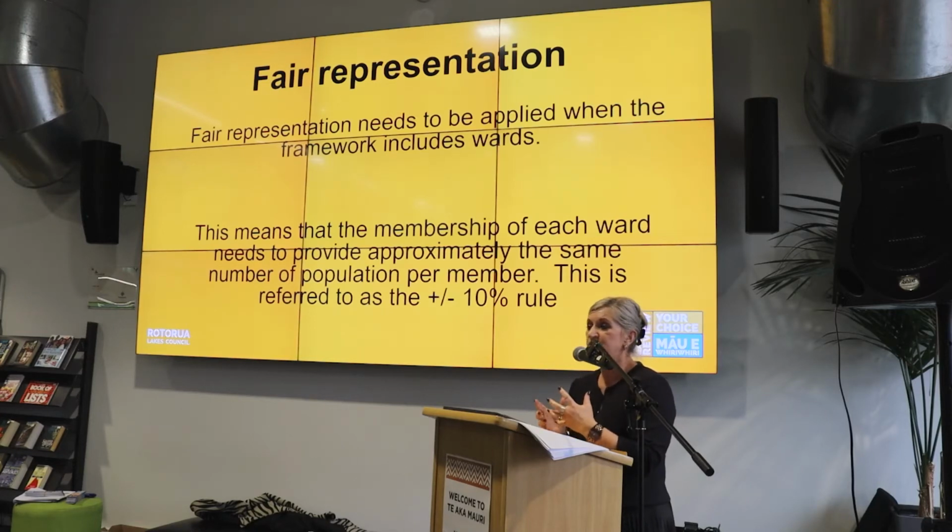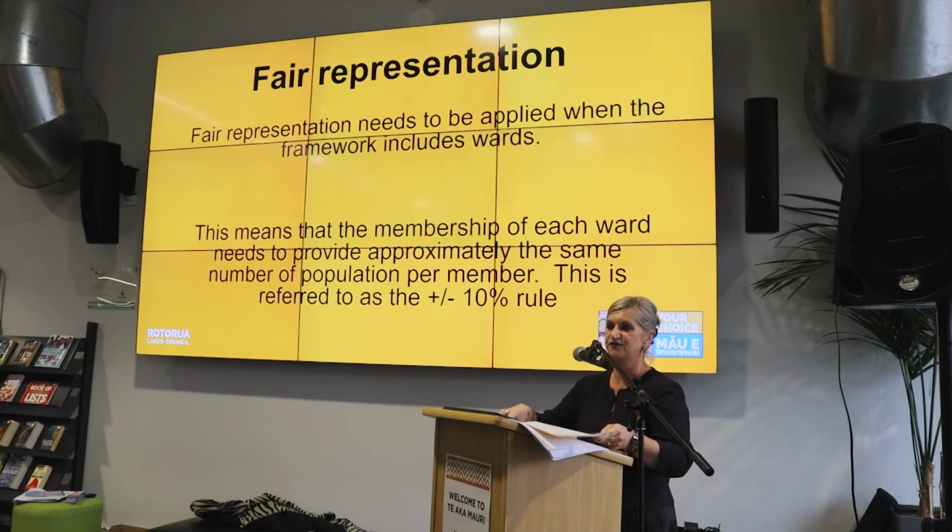With our current population of, say, approximately 70,000, 7 members would potentially be a good number, because you could be saying that you've got 10,000 population to 1 councillor, and that's an element of seeing whether the system is fair or not.